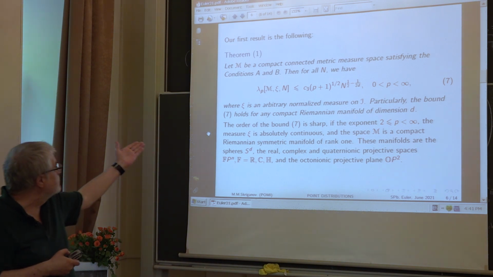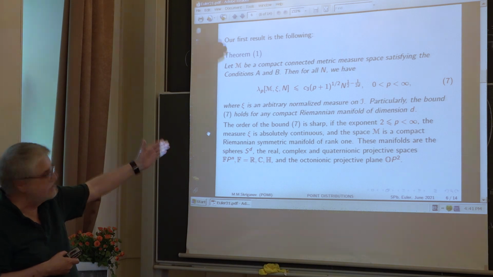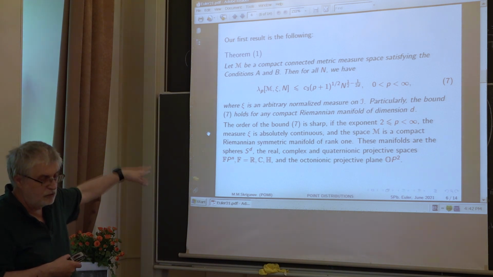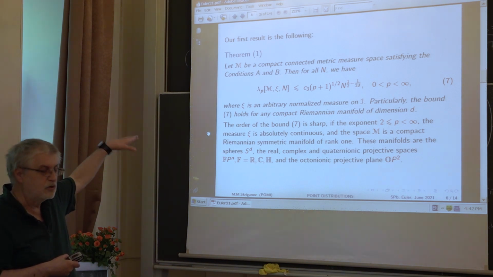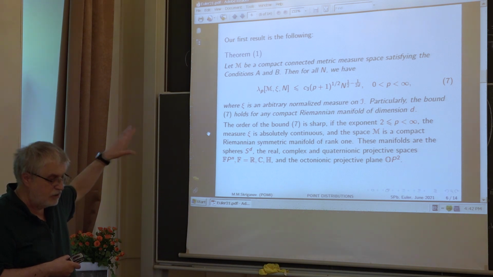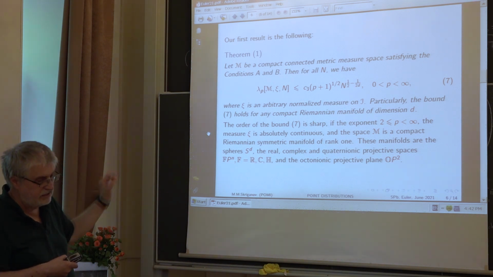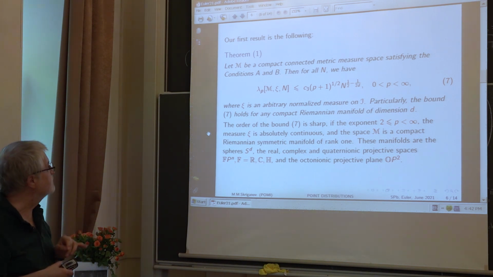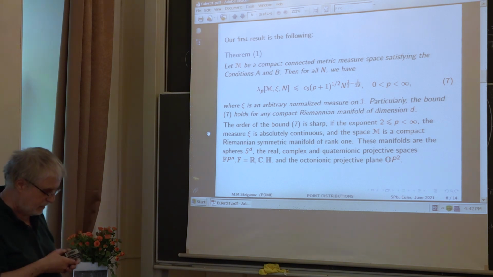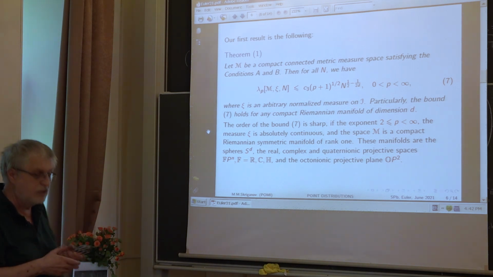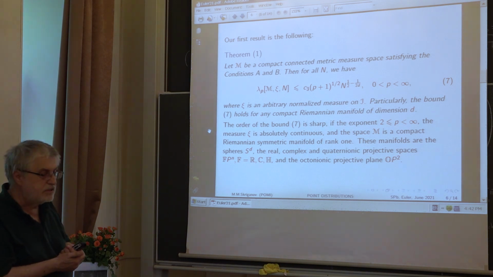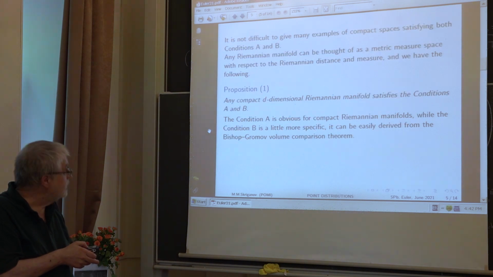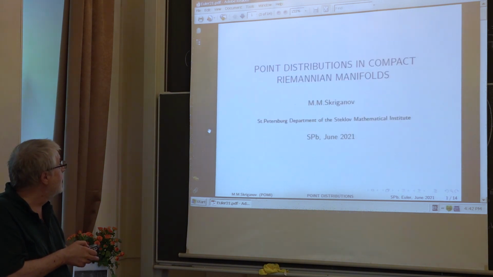Actually in this theorem, we reduce the analysis of discrepancies to analysis of the volume. So only volume controls the magnitude of the discrepancy. No geometric analysis in the neighborhood of the surface of the sphere, but only the volume. But volume is more or less a regular thing, even for arbitrary Riemannian manifolds.